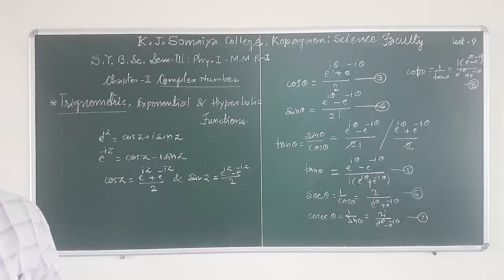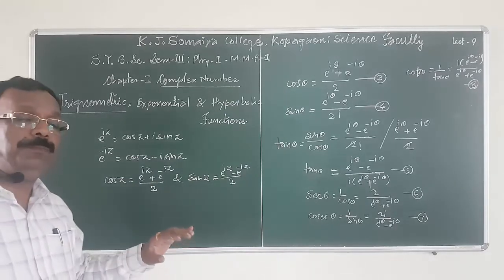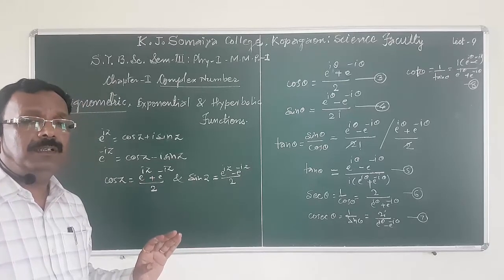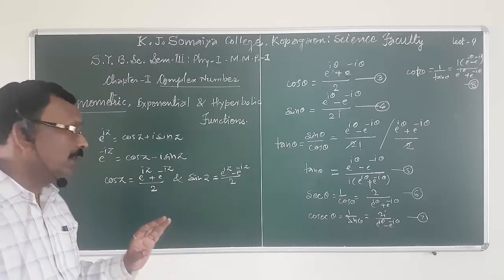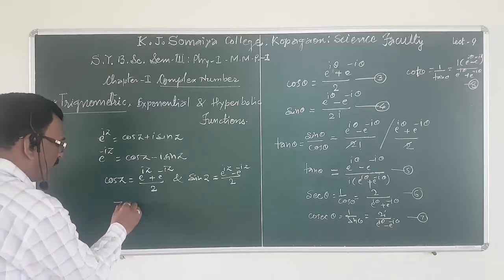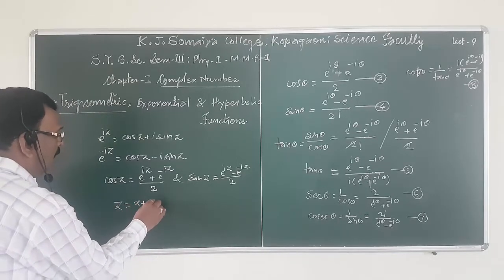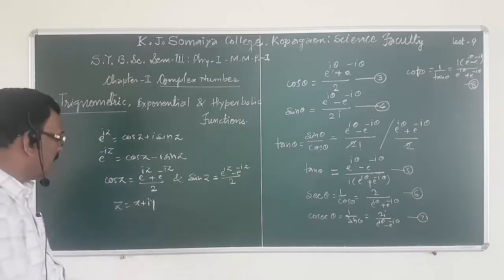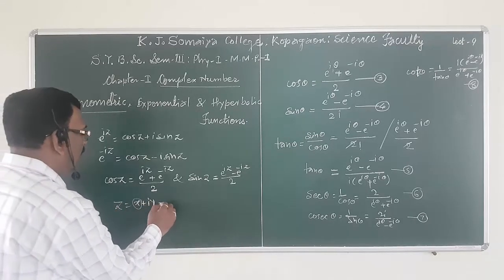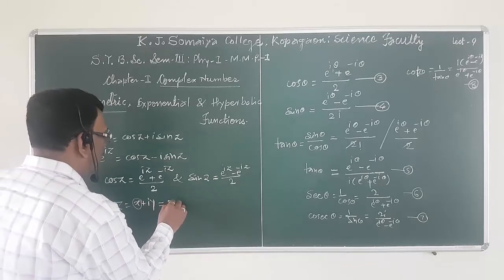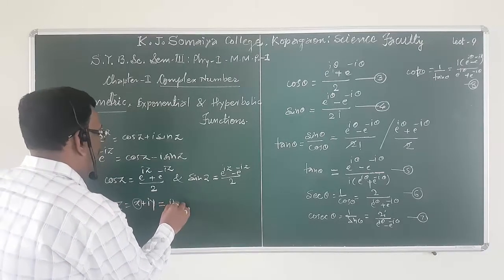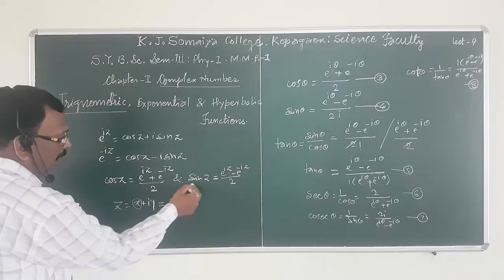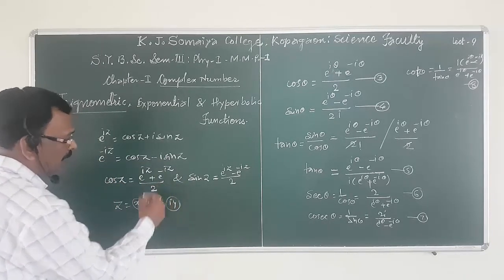Now, if the complex number is a purely imaginary number, then its real part is 0. When we consider a complex number z is equal to x plus iy, and we say that this is a pure imaginary number, then obviously its real part is 0, and the complex number is z is equal to iy. Now, replace z here and here by iy.